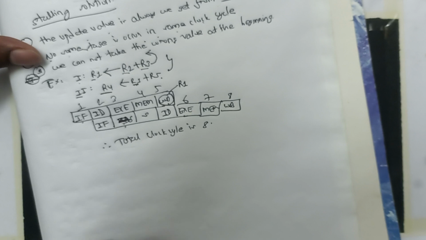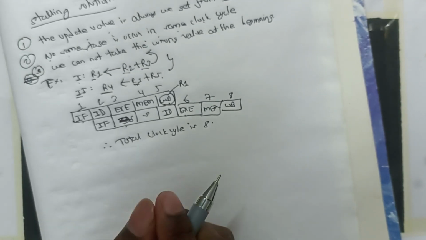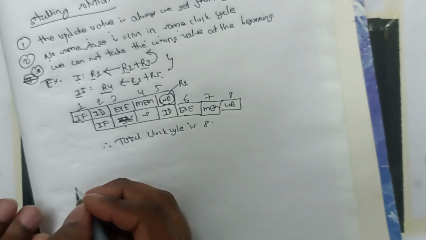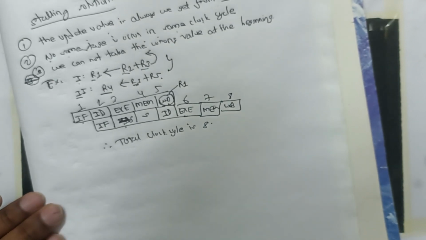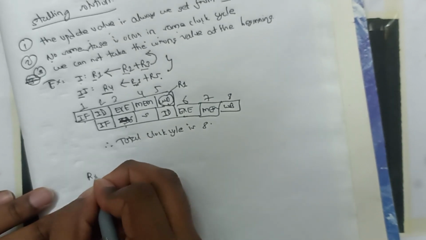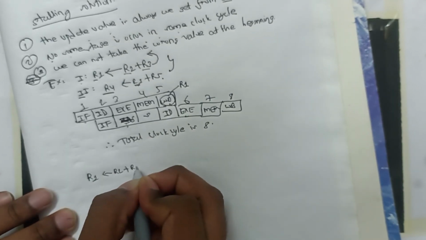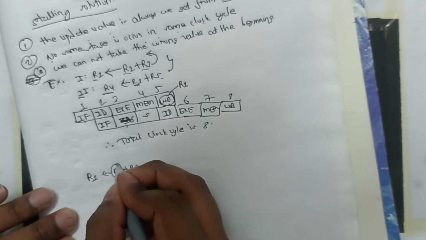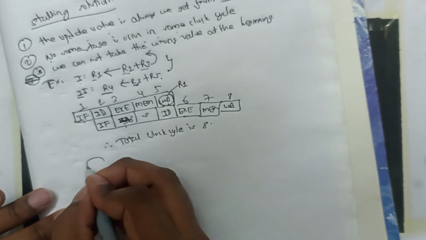And one more thing I want to say is that you have to tackle two types of questions. If the question is given like R1 = R2 plus R3, it simply means take the values of R2 and R3 and store in R1.